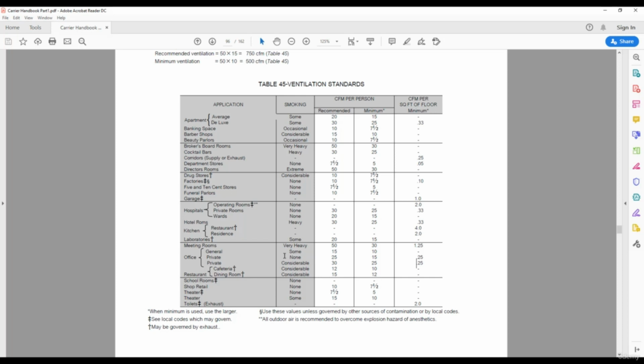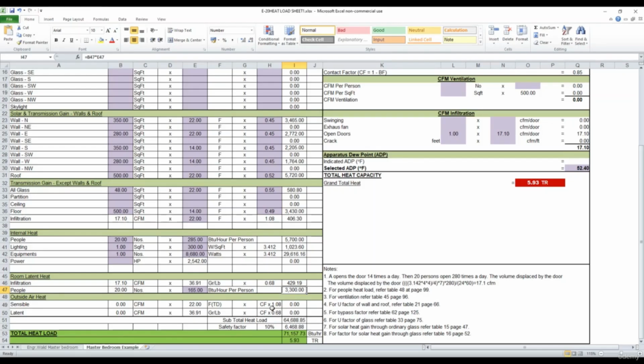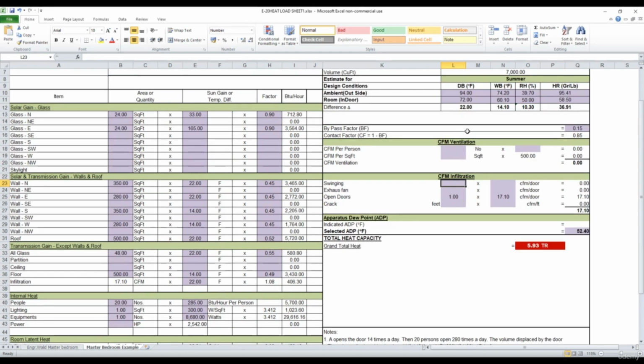We can find out the ventilation airflow required in an office is 25 cfm per person. And similarly, for the same office, the ventilation of air required per unit area of floor is 0.25 cfm per square feet. When we take the value of cfm per person required in an office, which is 25, and multiply it by the occupants, that is 20, we find out the total ventilation required is 500 cfm.